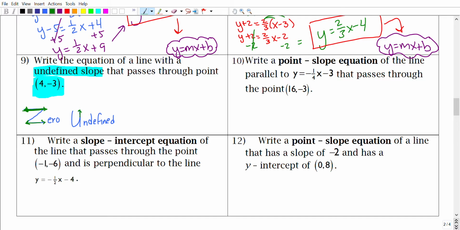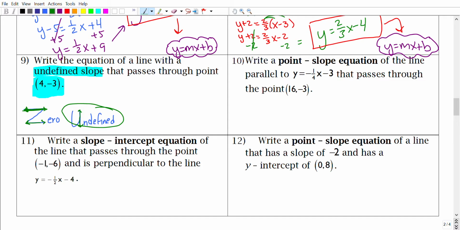This line right here is vertical. So horizontal lines have a slope of 0. Vertical lines have a slope that is undefined. So it looks here that we have a vertical line.